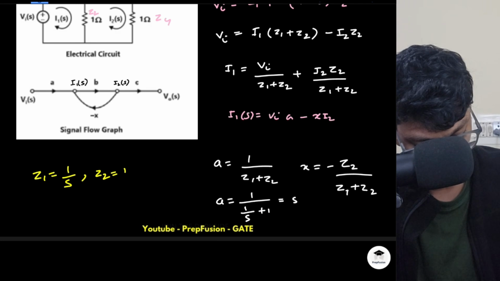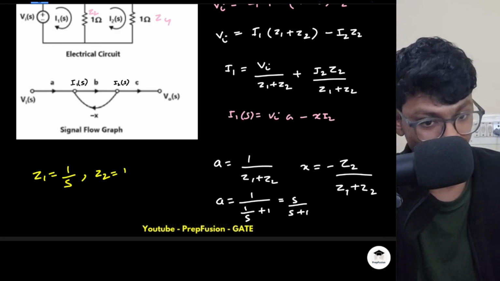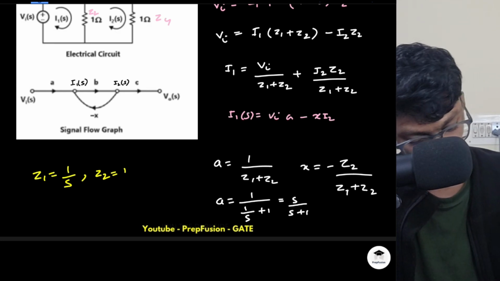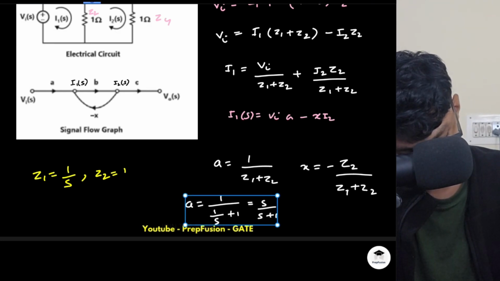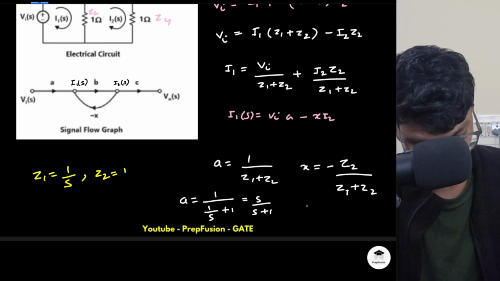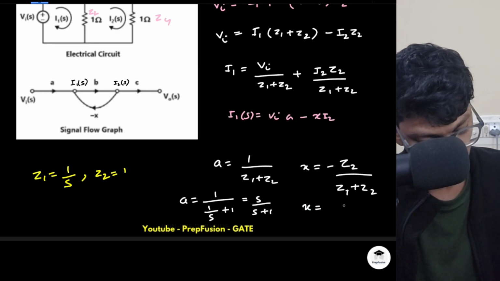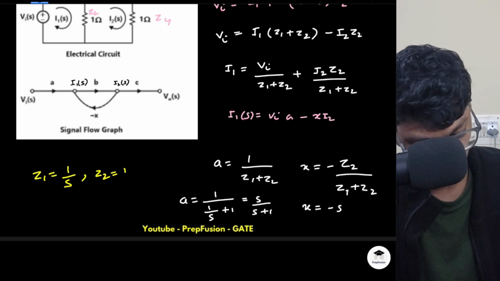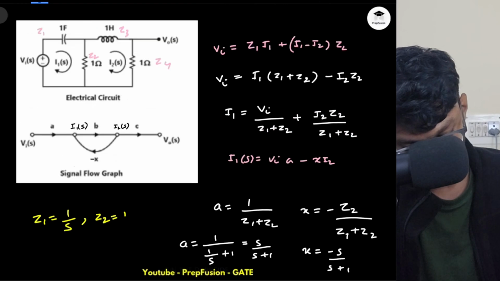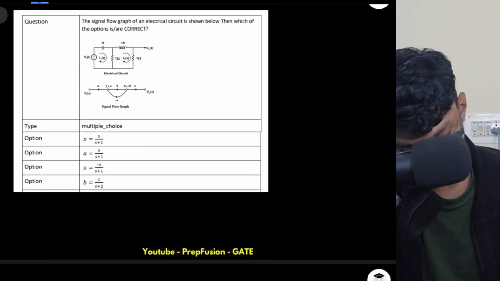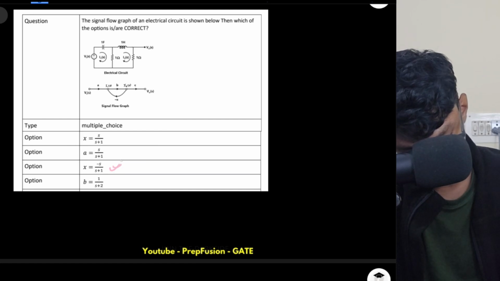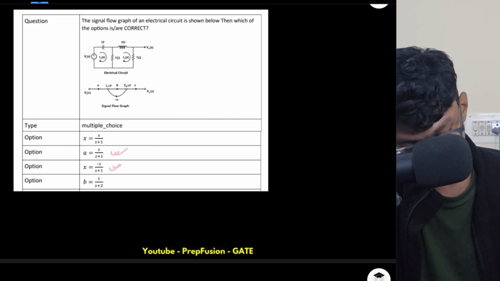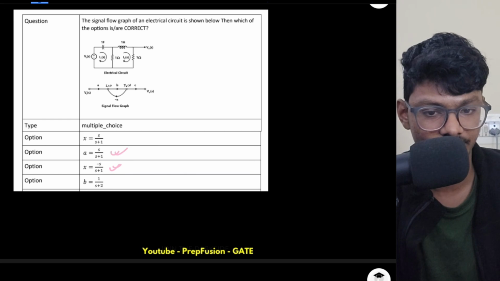So this is S divided by S plus 1. So A is S divided by S plus 1. What is my X equal to? This will also be the same only because Z2 is 1. So it will be minus of S divided by S plus 1. So I see A is equal to S divided by S plus 1, which is present in option B, and C is also correct. X equals minus S by S plus 1.